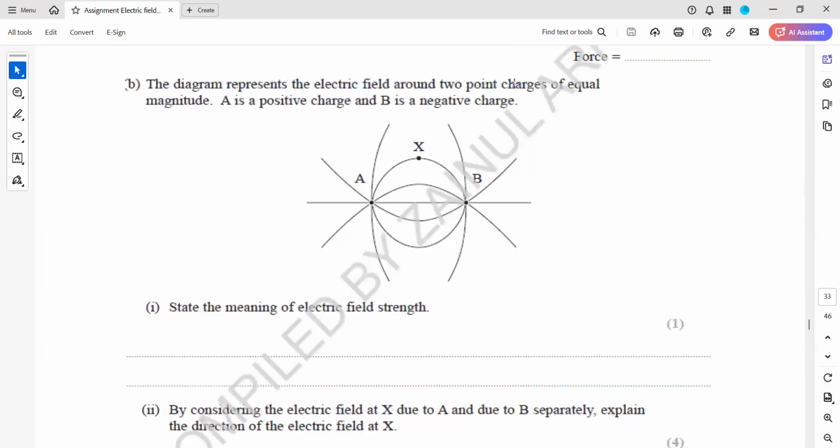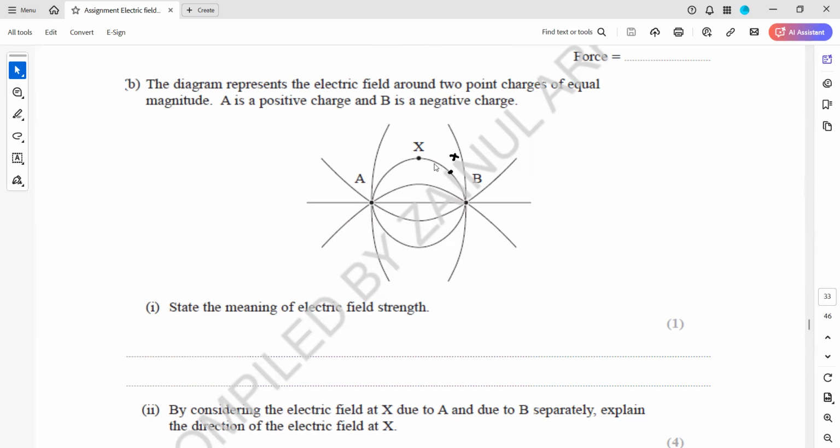If point X was at this point, the direction of electric field, you can consider this way, or if you consider the total, that is a resultant. But if the point X was not in between, the point X was here.